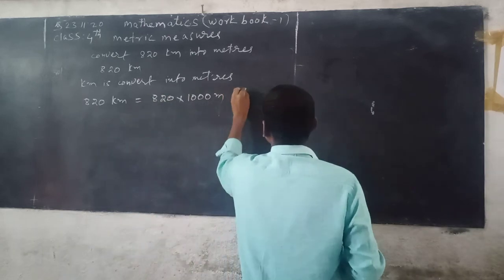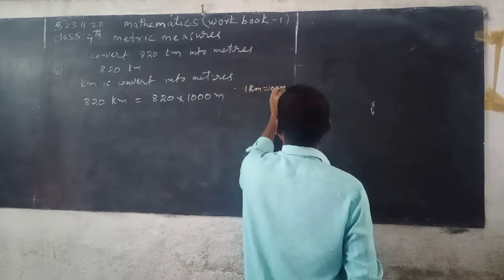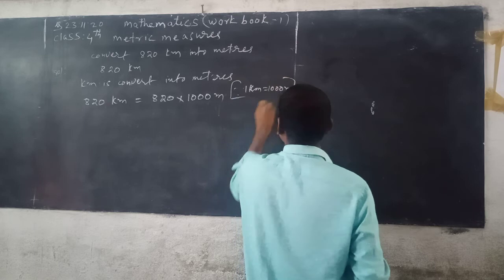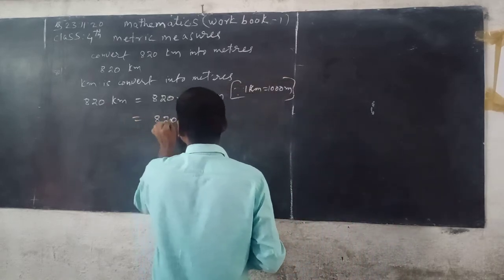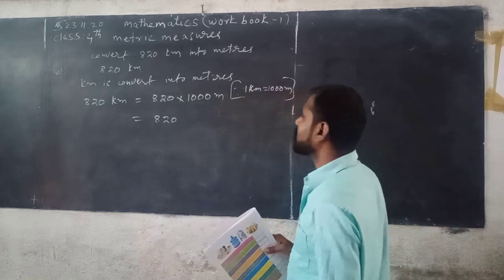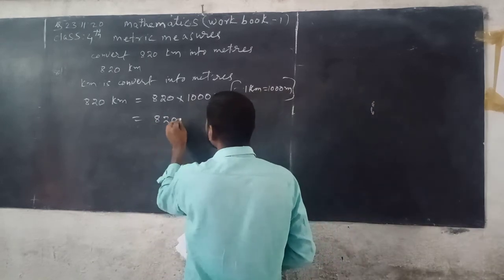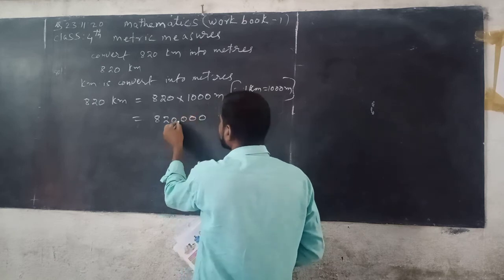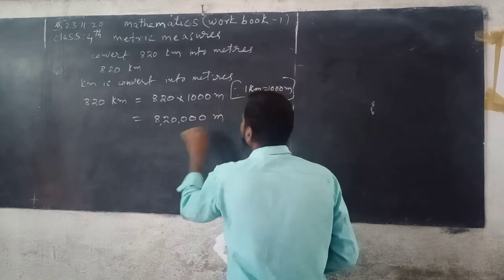See here, 1 kilometer is equal to 1000 meters. Now what do we get? Any number multiplied by 1000, you can write 3 zeros after the given number. So after 820 you can write 3 zeros, then you reach 820,000 meters.